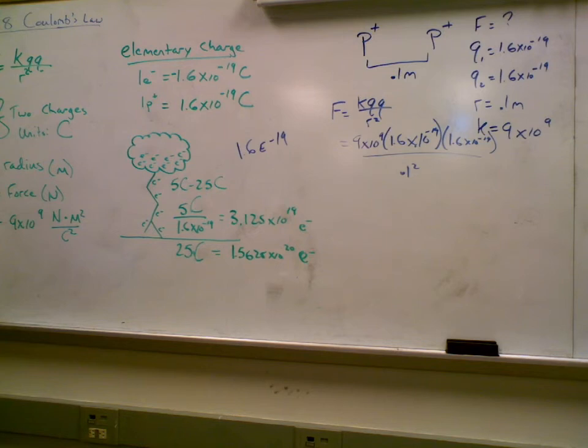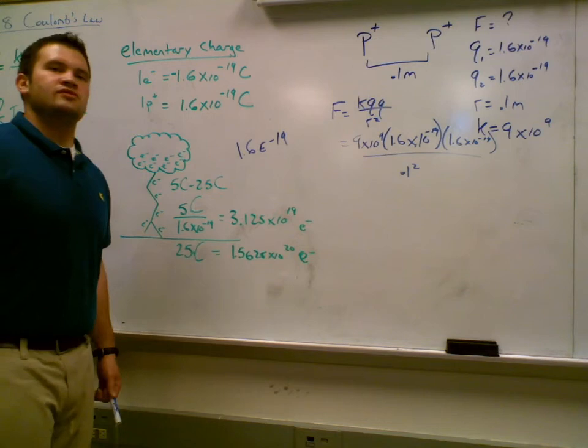So we can figure out this force. 9e9 times 1.6 e negative 19 times 1.6 e negative 19 divided by 0.1 squared. What's the force?